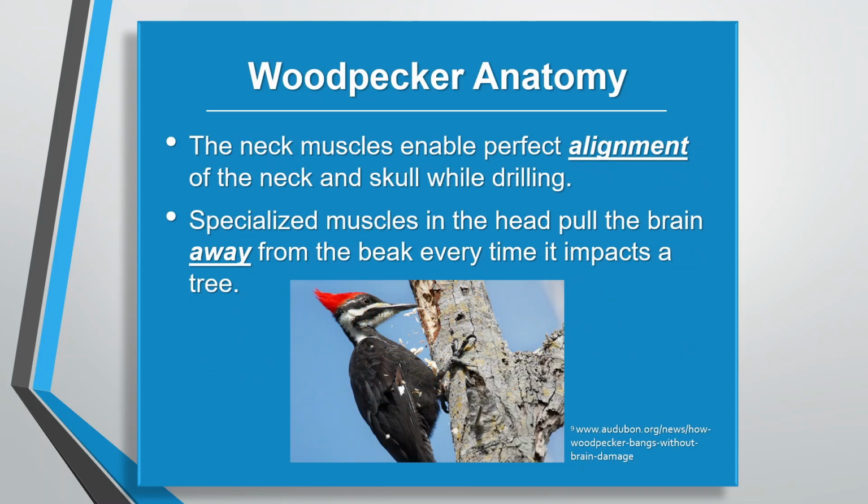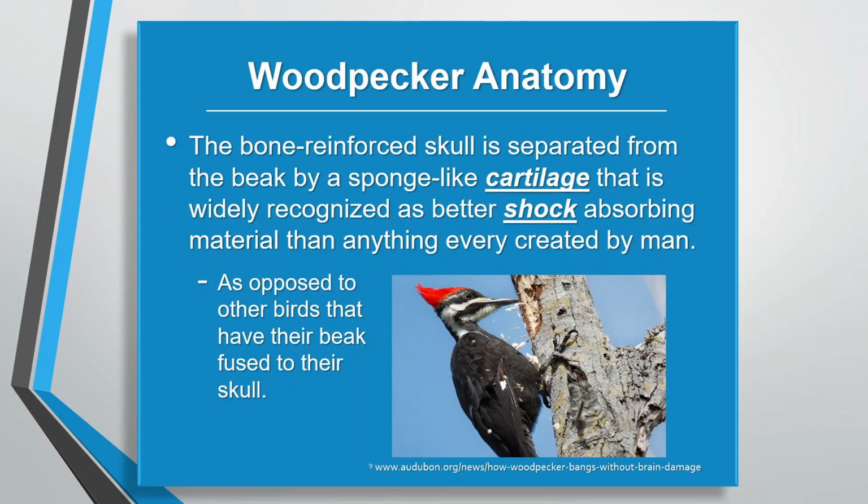The neck muscles enable perfect alignment of the neck and skull while drilling, while specialized muscles in the head pull the brain away from the beak every time it impacts a tree. The bone-reinforced skull is separated from the beak by a sponge-like cartilage that's widely recognized as better shock-absorbing material than anything man has ever created, as opposed to other birds that have their beak fused to their skull.